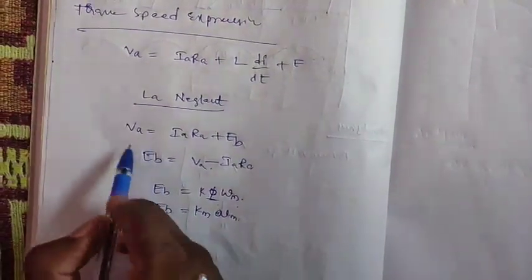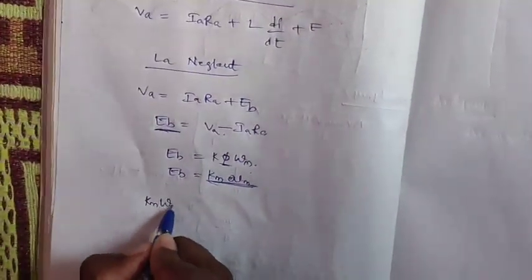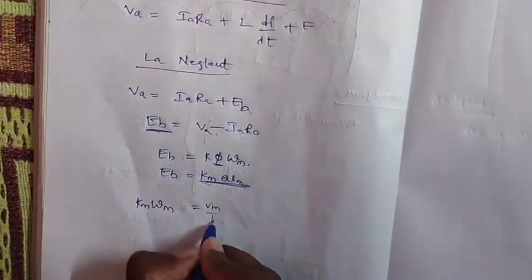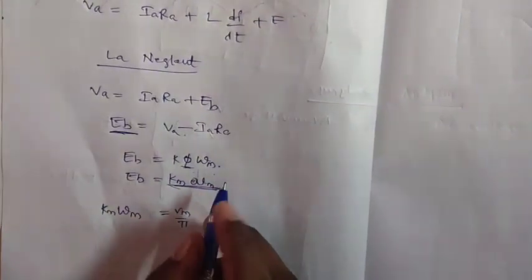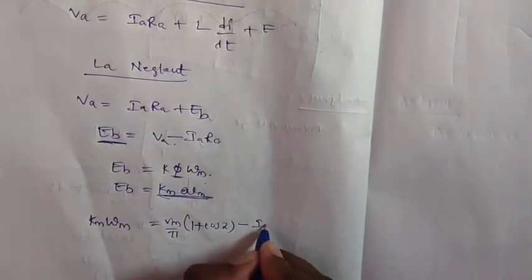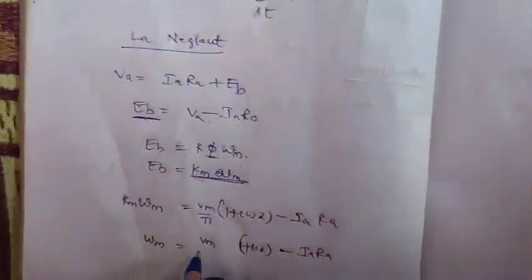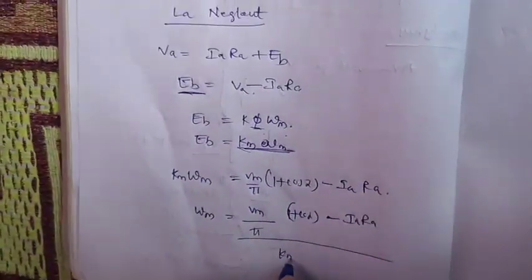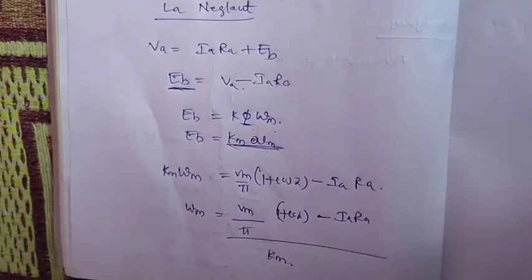Substituting Eb, Km omega m equals Vm by pi times 1 plus cos alpha minus Ia Ra. From that, omega m is equal to Vm by pi times 1 plus cos alpha minus Ia Ra, divided by Km.